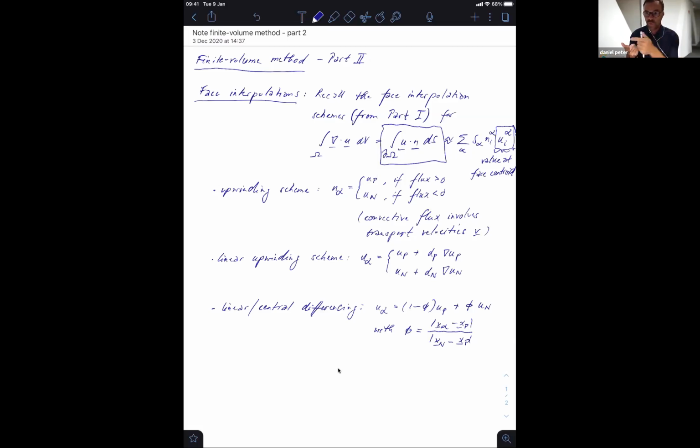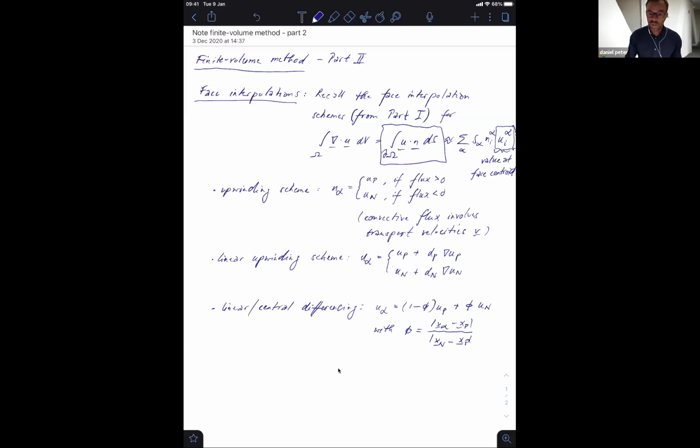And then if the transport goes in one direction, we would decide if the flux is positive or negative. Then we decide from which side we are taking the value. That would be the upwinding scheme. So the idea behind these schemes is coming from advection problems, where we have a quantity that gets advected by convection, and then we have these fluxes going in a certain direction and then decide which value we would take.